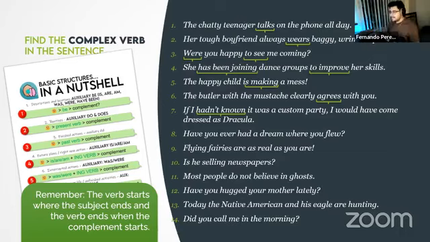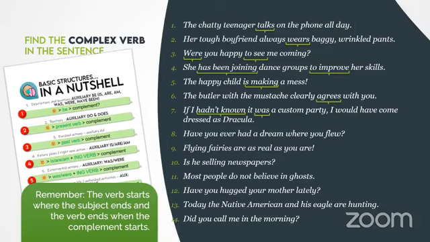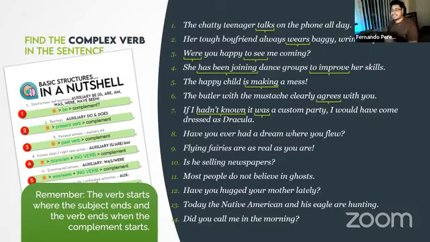Yes, was. There's another verb here, but that's an independent verb. If I hadn't known: person, verb, complement. It was a costume party: person, verb, complement. Okay. What about the rest?